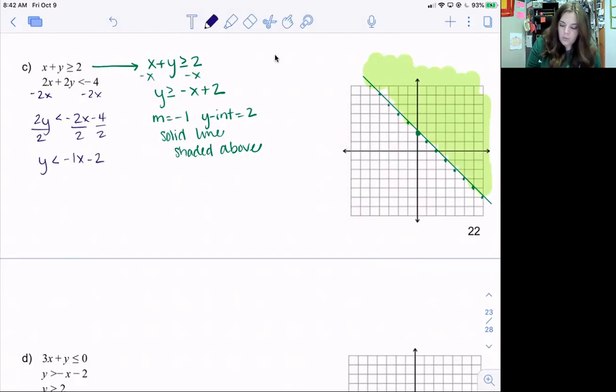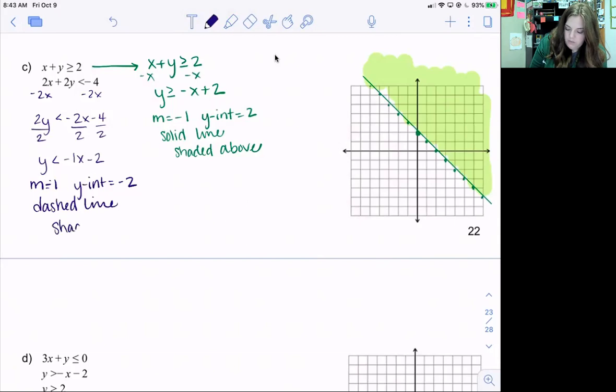Okay. So we have a slope of -1 and a y-intercept of -2. Since it's less than, we have a dashed line. And since it's less than, we're going to shade below.